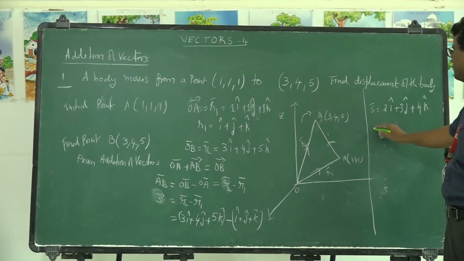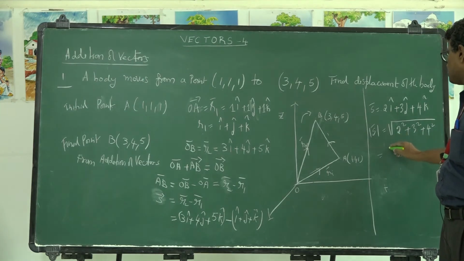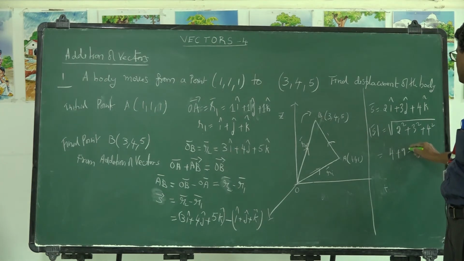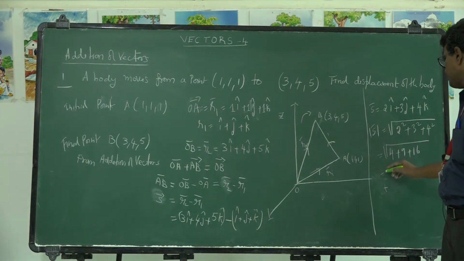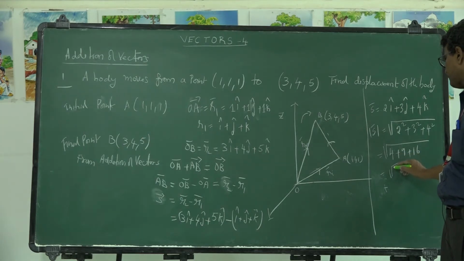If you want the magnitude of the displacement, it is the square root of 2 squared plus 3 squared plus 4 squared. That is 2 squared is 4, 3 squared is 9, plus 4 squared is 16. 16 plus 4 is 20, plus 9 is 29, root 29 meters.